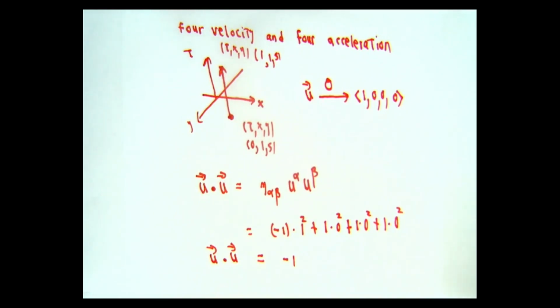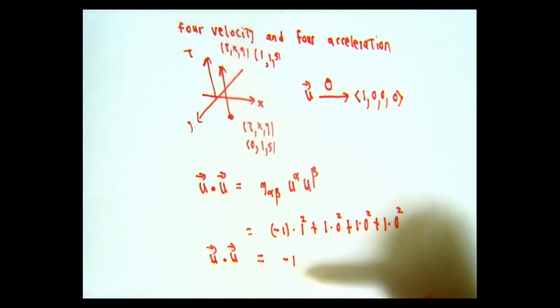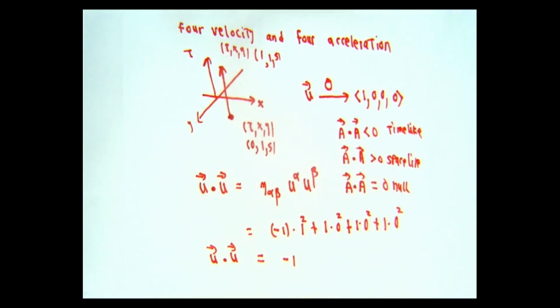If we figure out the Minkowski dot product of u with itself, we get the strange result that u dot u is -1. If this were Euclidean vector manipulations, that couldn't happen. For a vector to be called a 4 velocity, though, we're going to have to insist that this happens. For a general vector, if I calculate the dot product of vector A with itself, this will be a real number, so that has to be negative, positive, or 0.